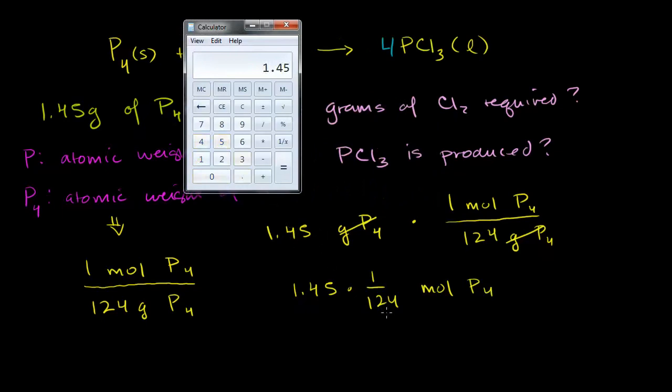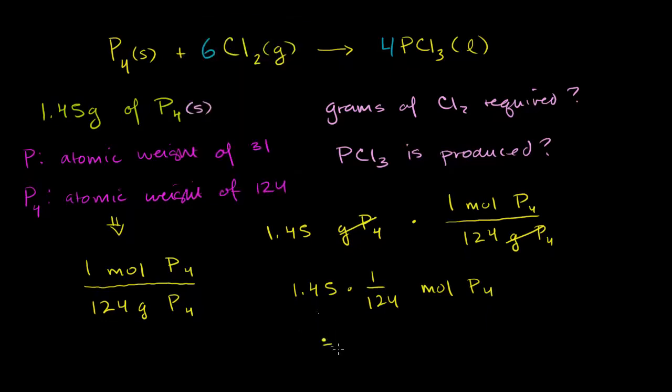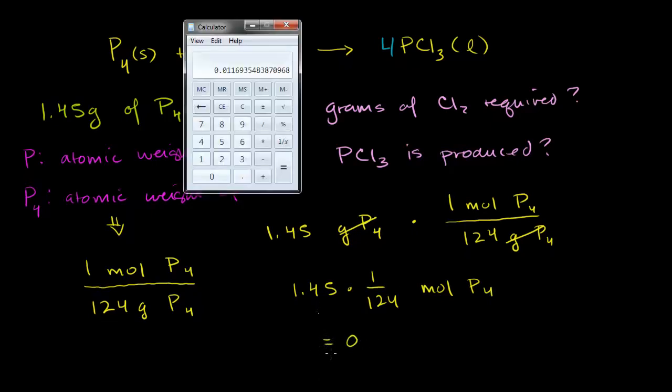That's the same thing as multiplying by 1 over 124. So 1.45 divided by 124 is equal to, let me make sure, 0.0117.